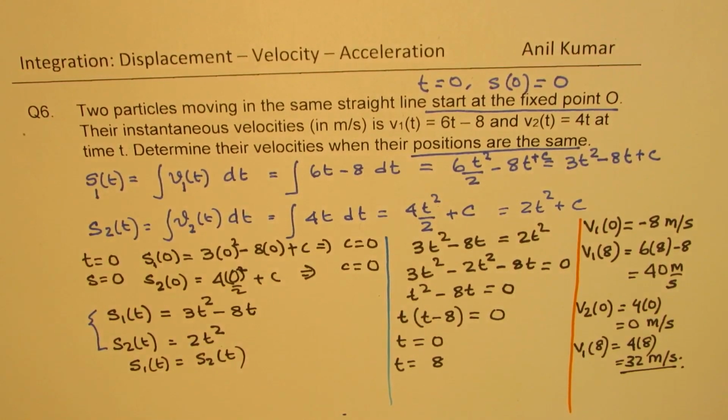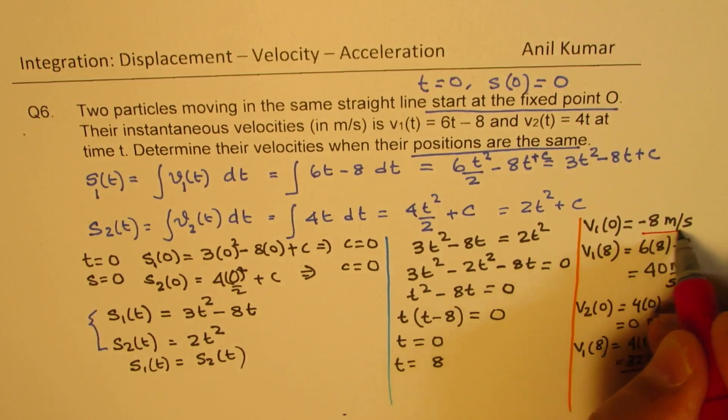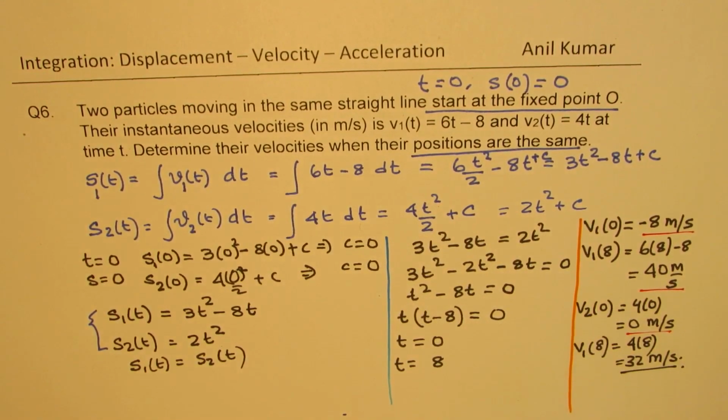So that is how we can find both the answers, correct? To be on the safe side, we work out at 0 as well as at 8, right? These are the two times when the displacement is the same. Perfect. So that is how we are going to answer this. I hope the steps are absolutely clear.